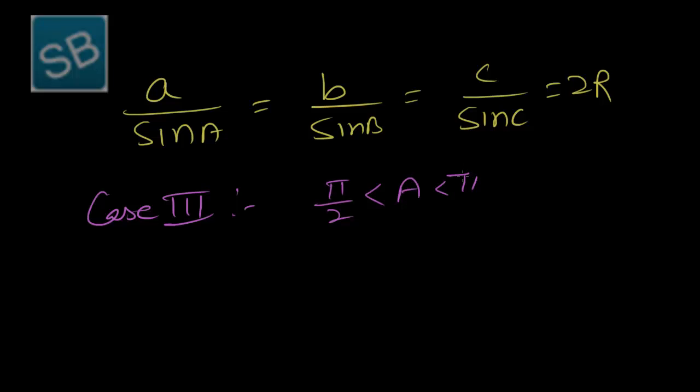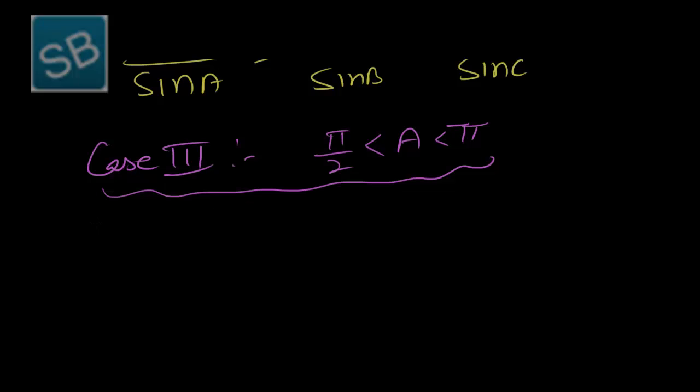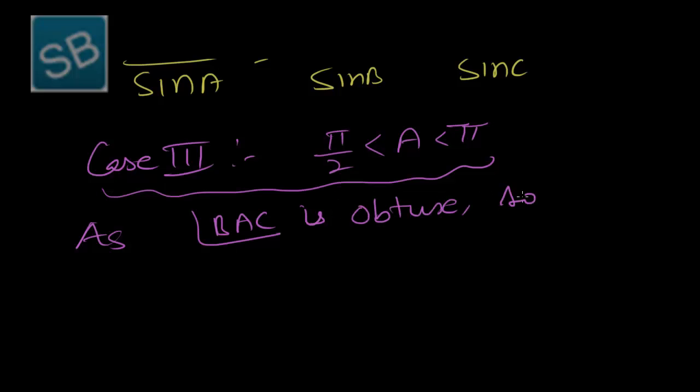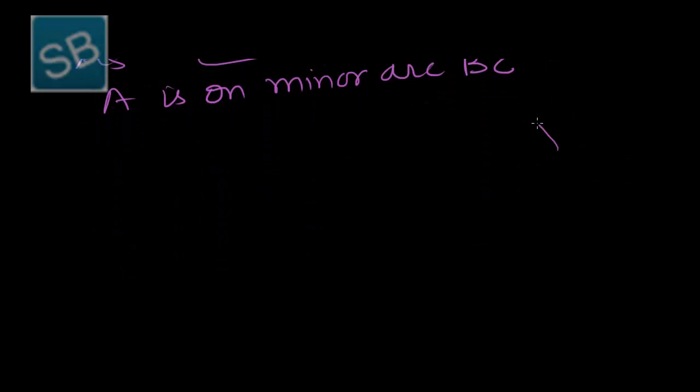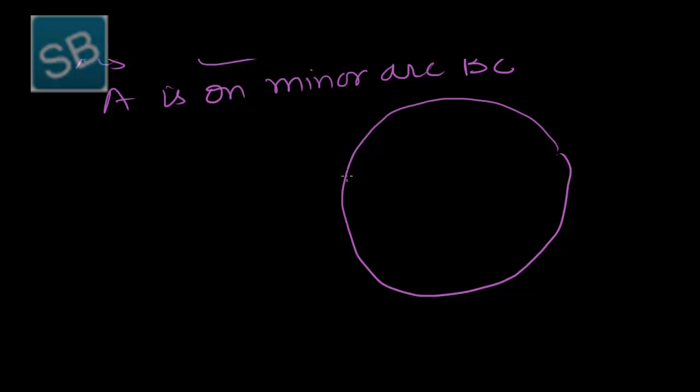So in this case, as angle BAC is obtuse, vertex A is on the minor arc BC. This is our circle. As A is obtuse, it is greater than 90.